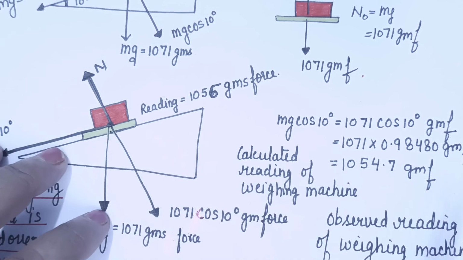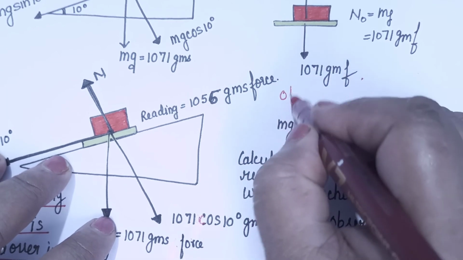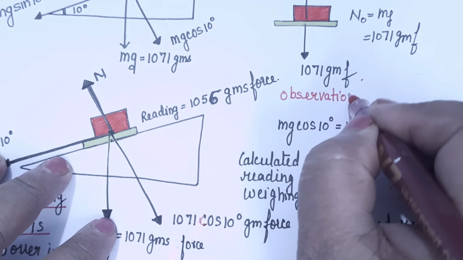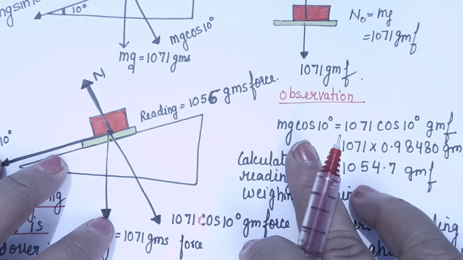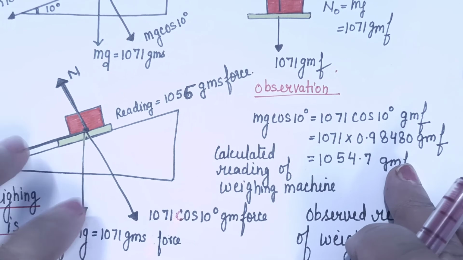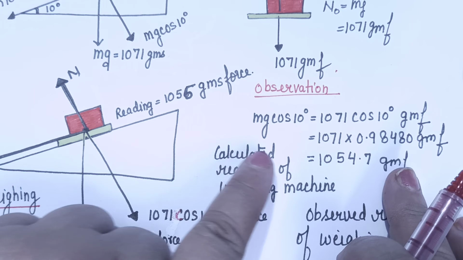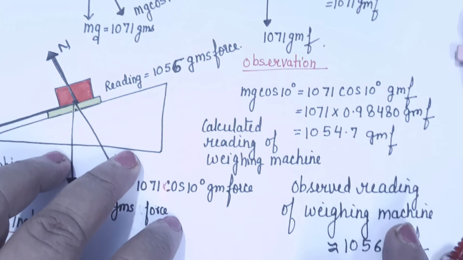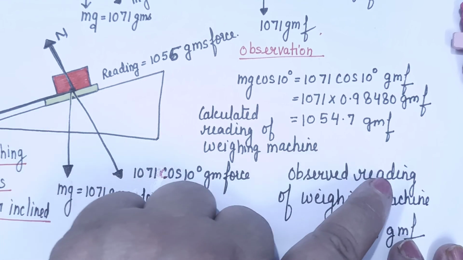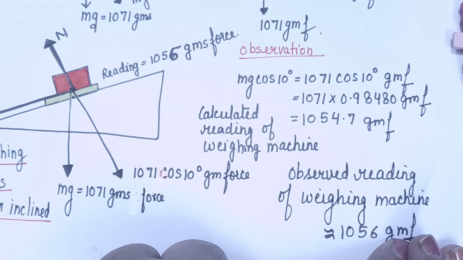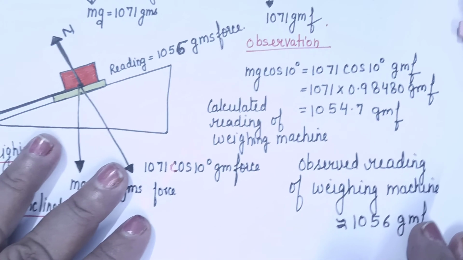So in your observation heading, you will write first that mg cos 10 degree is this value, and mention that this is the calculated reading of the weighing machine. Then you will write the observed reading of the weighing machine is 1056 gram force, and then you will write the result.